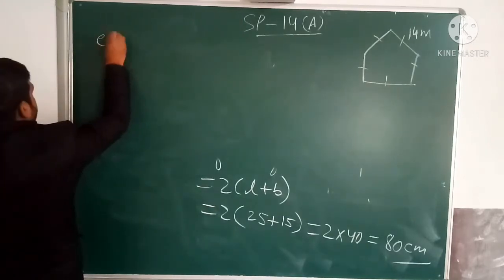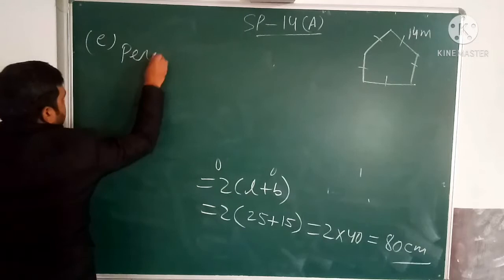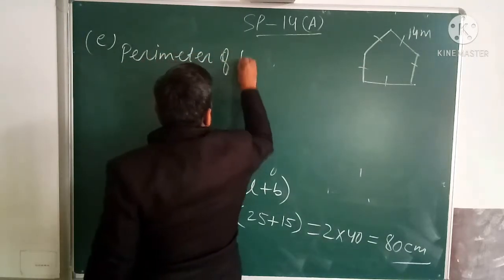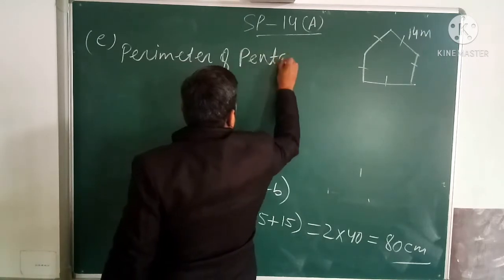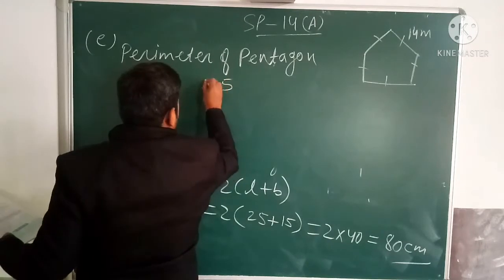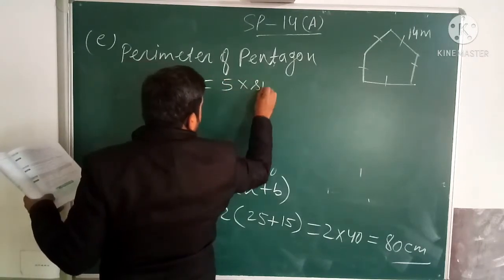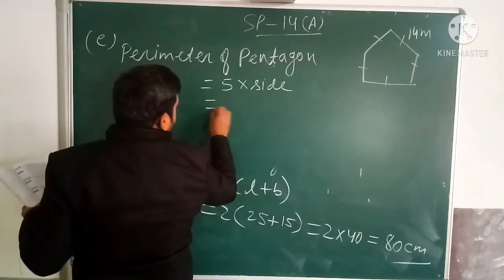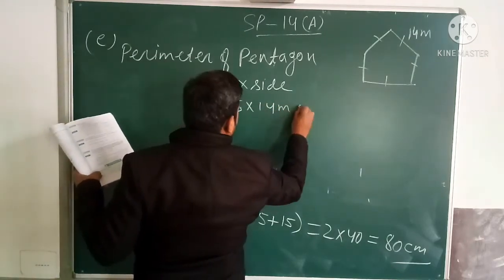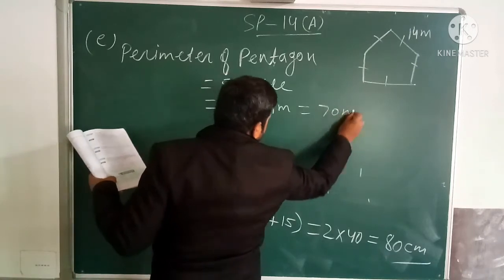That is question number 3. Perimeter of pentagon equals 5 into side. So 5 sides are there. So 5 into 14 meter equals 70 meter.